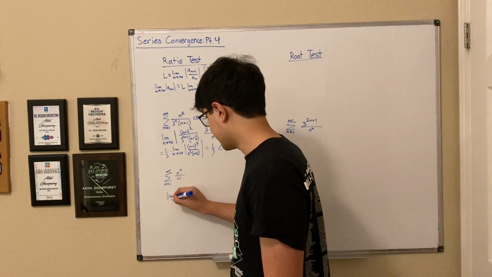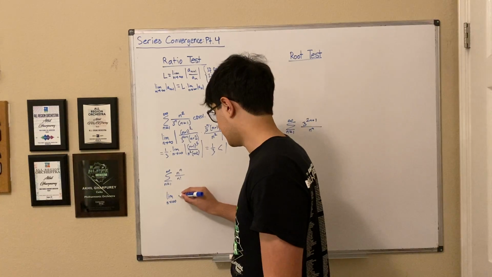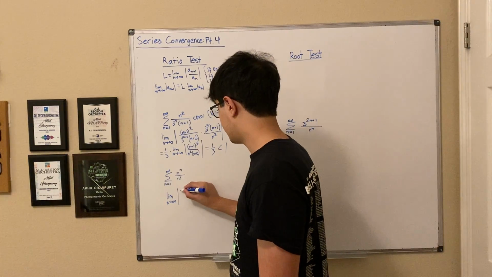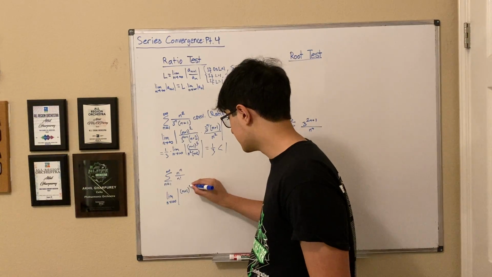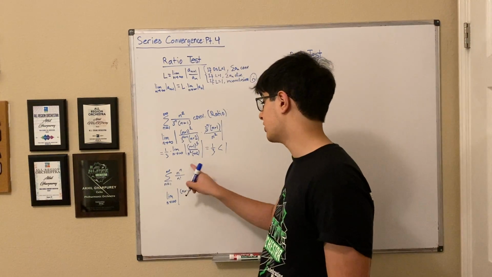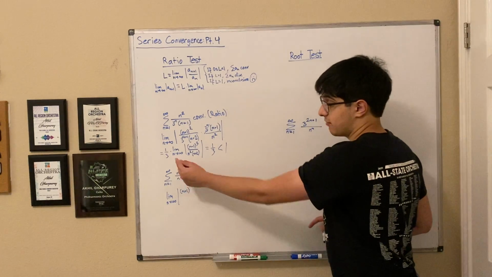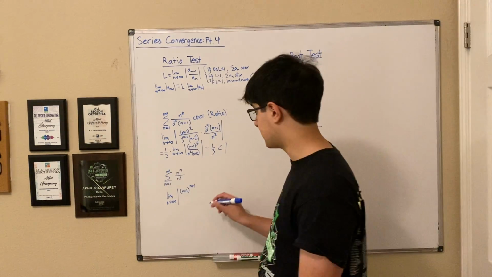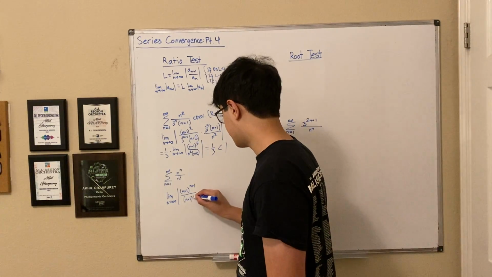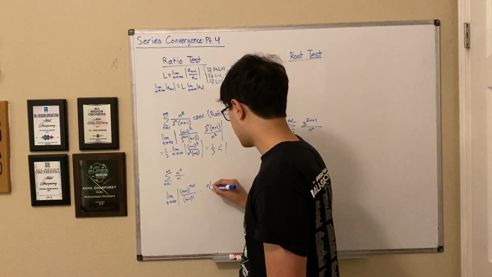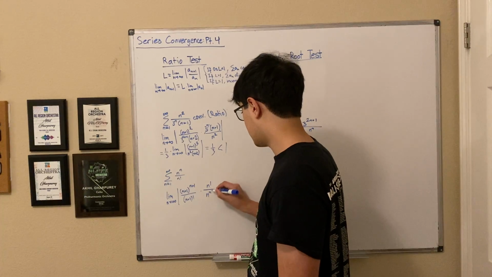We have the limit as n approaches infinity of the absolute value of a sub n plus 1, which is going to be (n plus 1) to the n plus 1 power. Make sure you put n plus 1 in for both of the n's. That is a mistake that people make. And then we divide that by (n plus 1) factorial, multiplied by n factorial over n to the n.